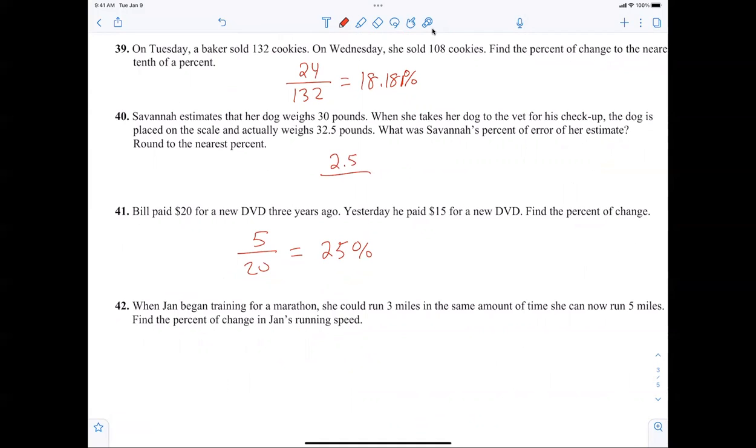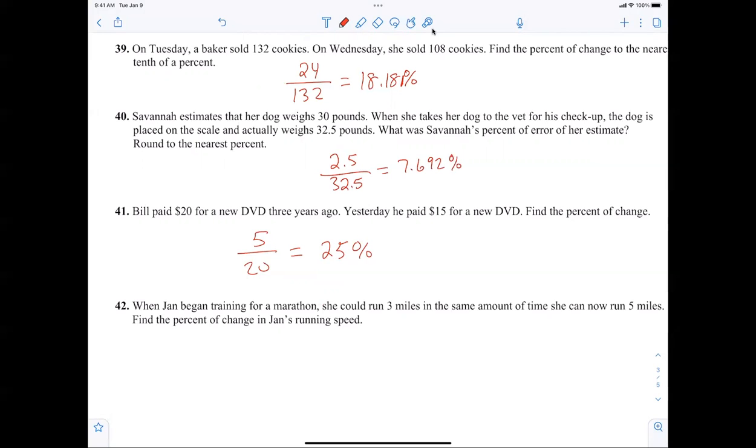The actual. That's right, the actual is 32.5. Which is 7.692. I'm happy with that, buddy.